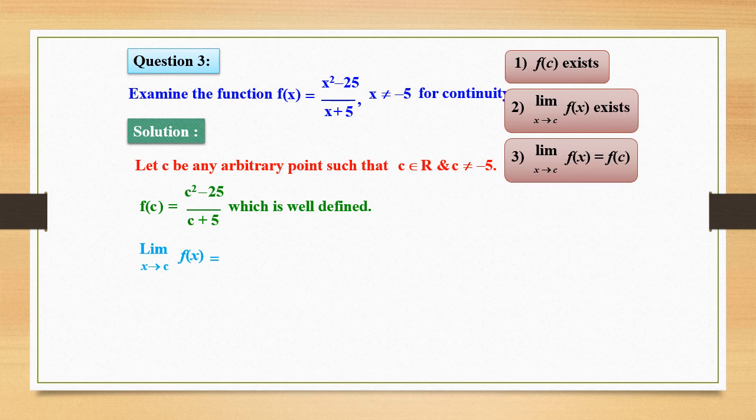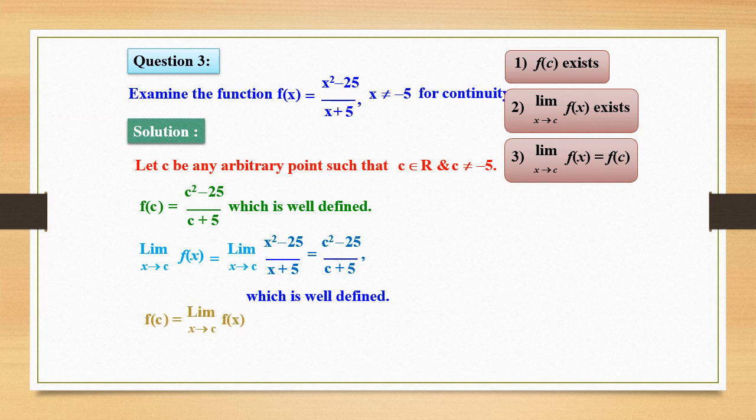So next we will calculate the limit of the function as x tends to c. So limit of x square minus 25 divided by x plus 5, which equals c square minus 25 divided by c plus 5, which is again well defined. So we can see the value of the function at a point c is equal to the limiting value at point c.